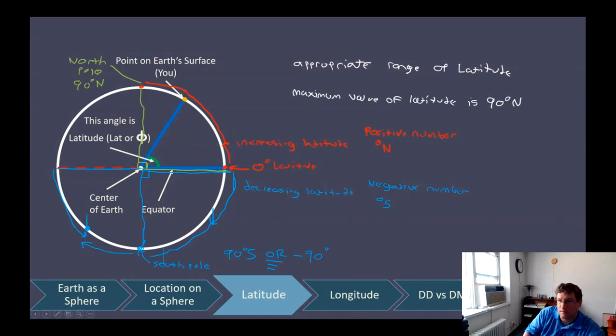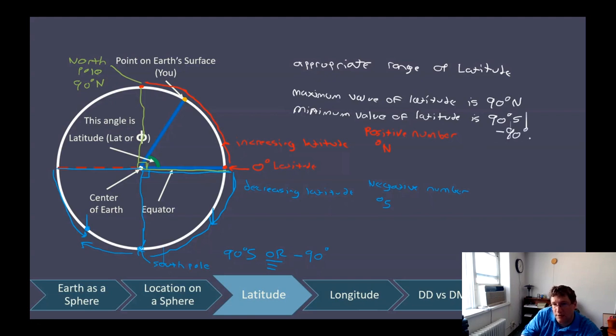So the minimum value of latitude is 90 degrees south, or put another way, negative 90 degrees.